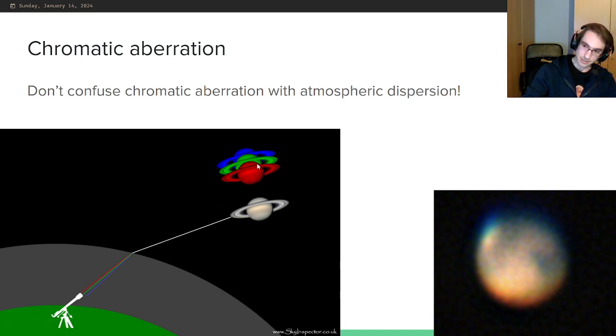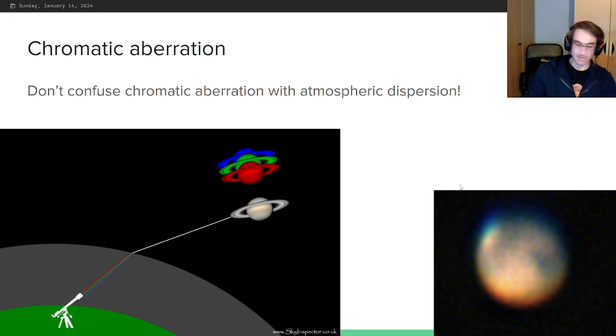And so there will be a blue planet, a green planet, and a red planet slightly displaced from each other. And this has nothing to do with your telescope. You can see this in a fully reflecting setup. There is nothing that's happening in here that's bad. It's the atmosphere. And this will cause images like this, where you have a blue image displaced from a red image. This is Mars, if you couldn't tell.